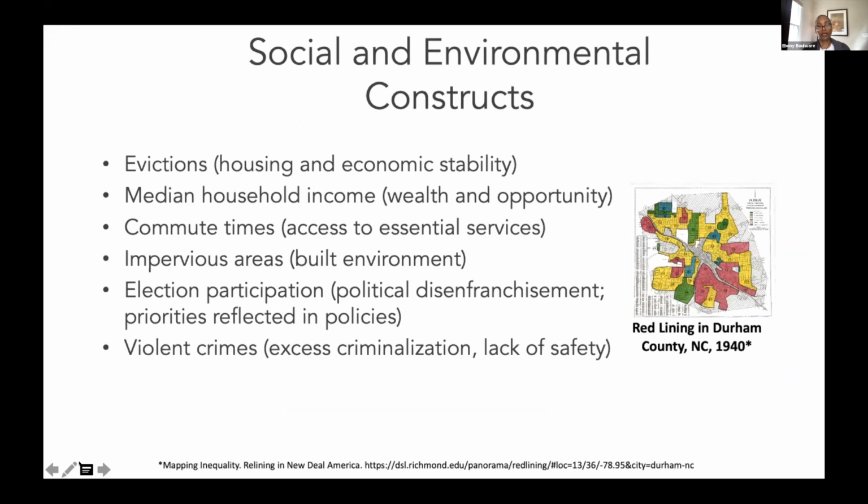And some of those constructs include evictions, which would be a measure of housing and economic stability, median household income, which would be a measure of wealth and opportunity, commute times, impervious areas, which would be measures of the quality of the built environment. Again, election participation, which would be a measure of political disenfranchisement or whether or not one's priorities are likely to be reflected in community policies, looking at violent crimes, which would reflect either a lack of safety or excess criminalization in a community.